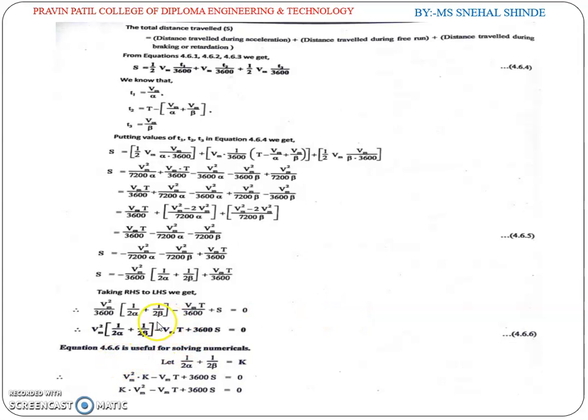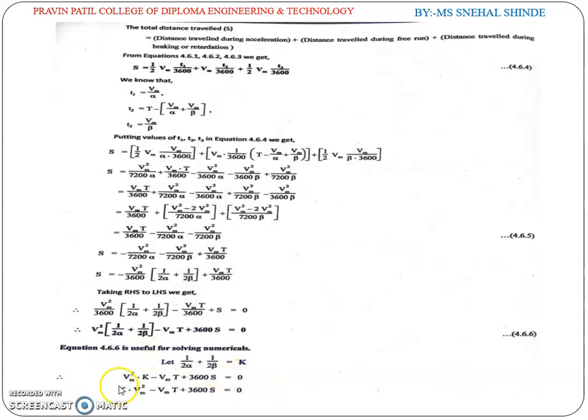So now our equation is solved to this one. The equation is useful for solving the numericals, when we get a speed time curve numerical. Now let 1 by 2 alpha plus 1 by 2 beta equal to k. So simply we have substituted this value of 1 by 2 alpha plus 1 by 2 beta equal to k.